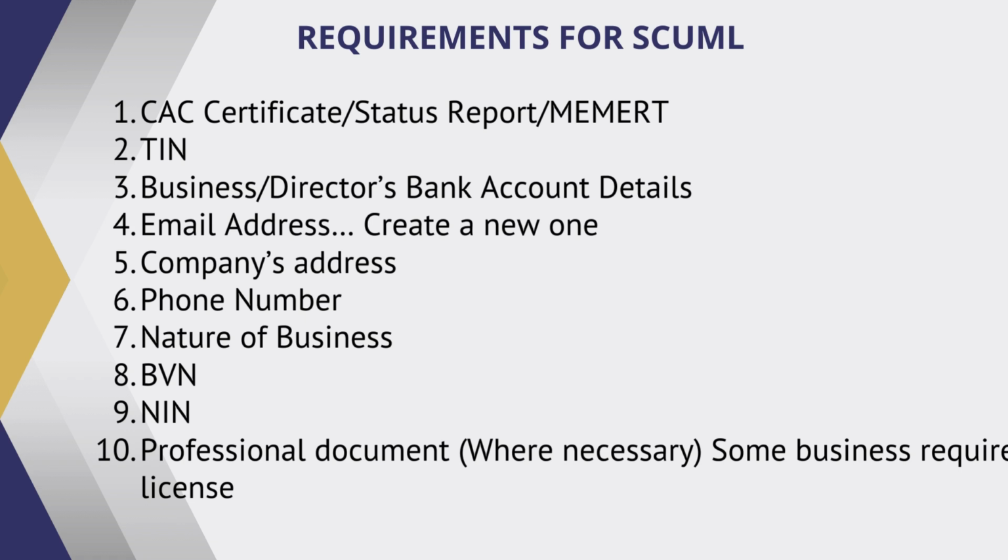But now a lot of glitches have been coming up from the CAC portal, and the TIN number is not coming up on both business name and limited registration. So what that means is that if you have a client who wants to do registration and they don't have a TIN, you have to first register them for TIN and get their TIN number before you proceed with this SCUML registration.